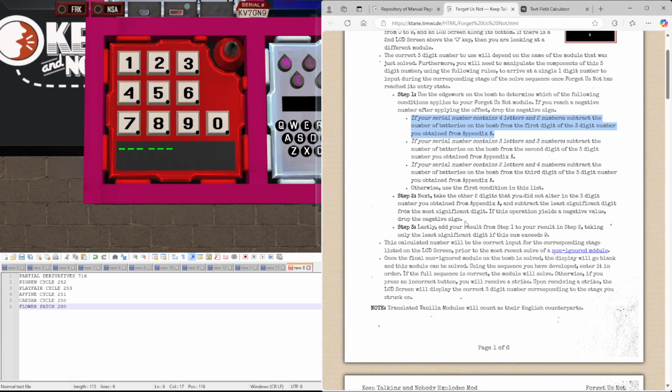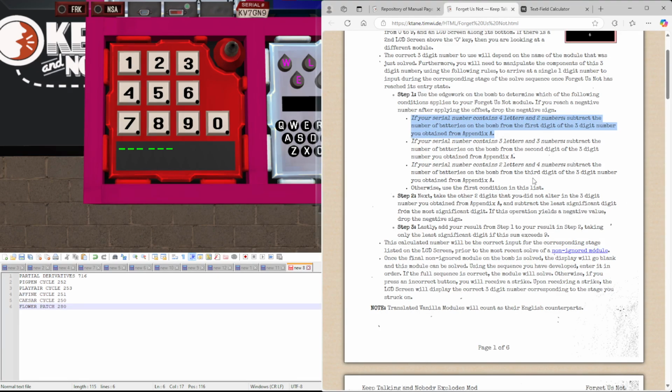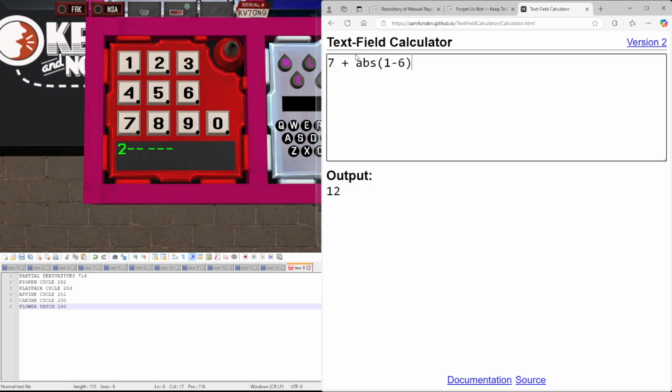Least significant from most significant. Which is 1 minus 6. So 2. Okay.